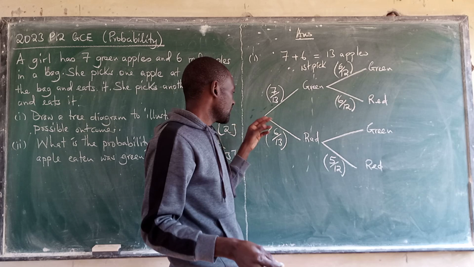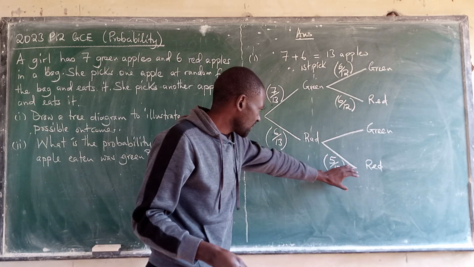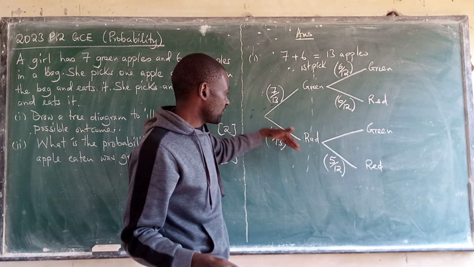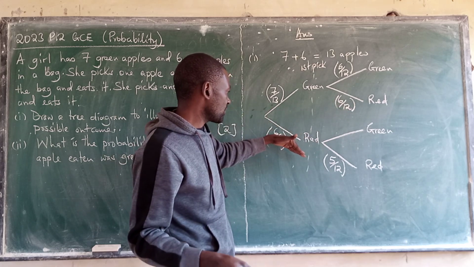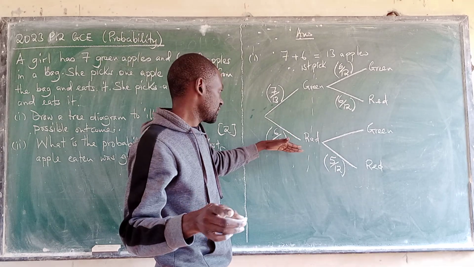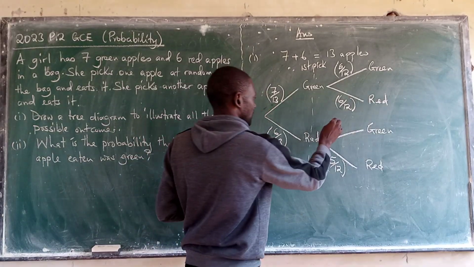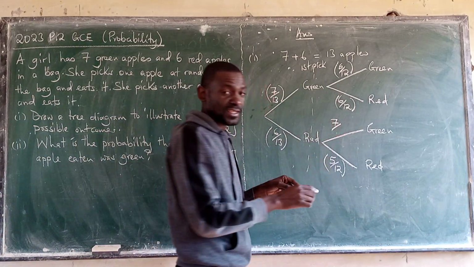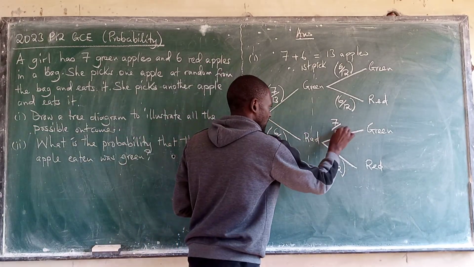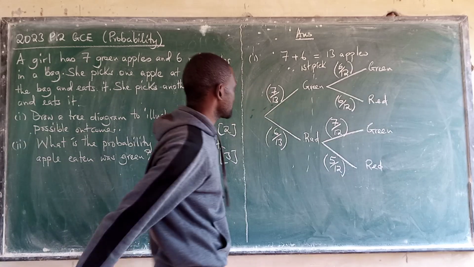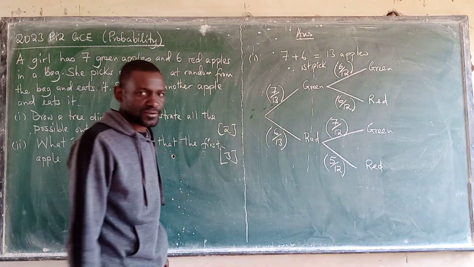Then if this does not happen, the other option, if the first is red, could be a green one. So if the first was red, the probability that the next will be green will be 7 out of 12, because all the 7 green ones are still intact. So 7 out of 12. So this is our tree diagram.